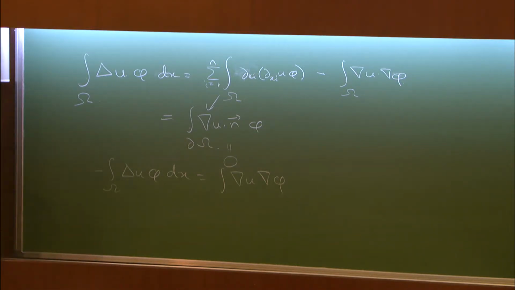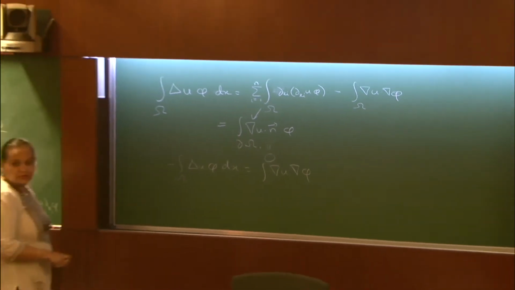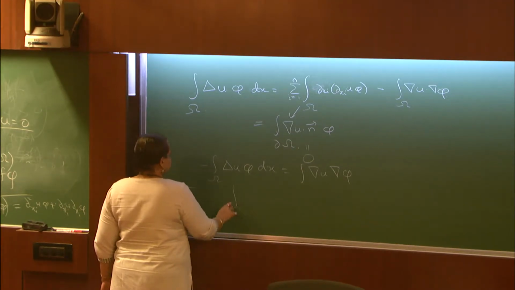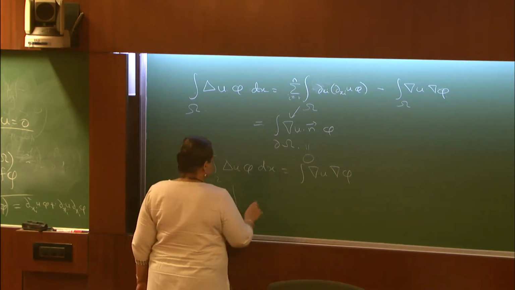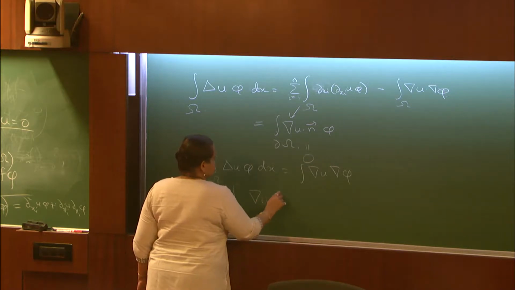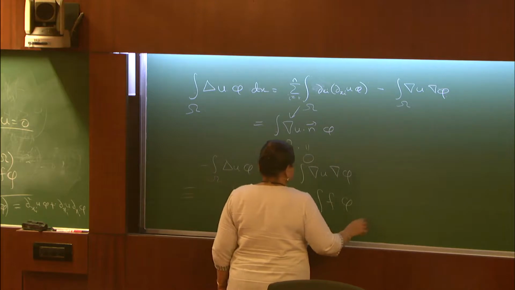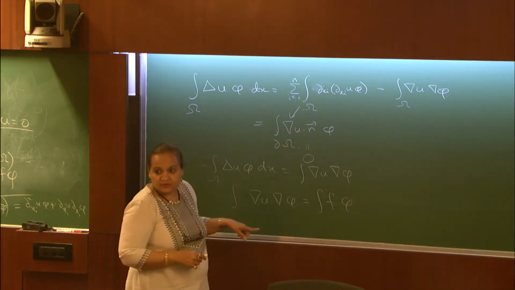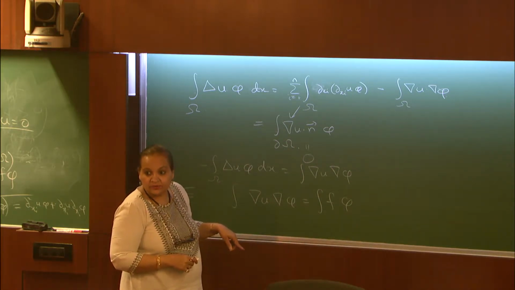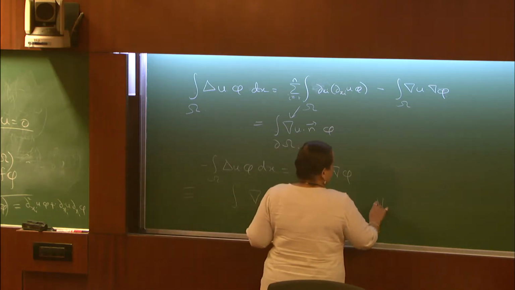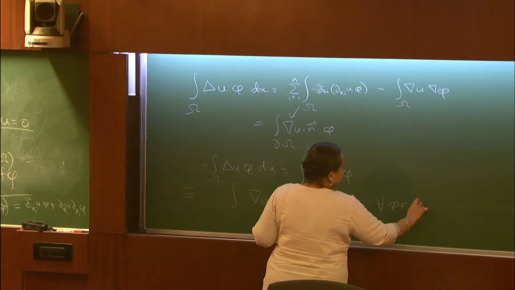So here what we have done is that this particular problem is equal to solving this: we are looking for u with the property that this holds for all phi, C infinity functions with compact support.